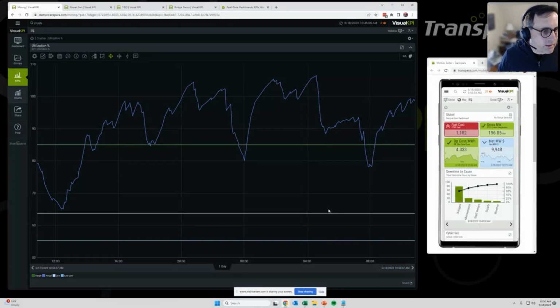So that is kind of a highlight of some of the best practices of dashboard design, of how our software comes together to promote some of those things, and hopefully a little bit of useful information as you go about making any dashboard, whether it's in our software or anything else.